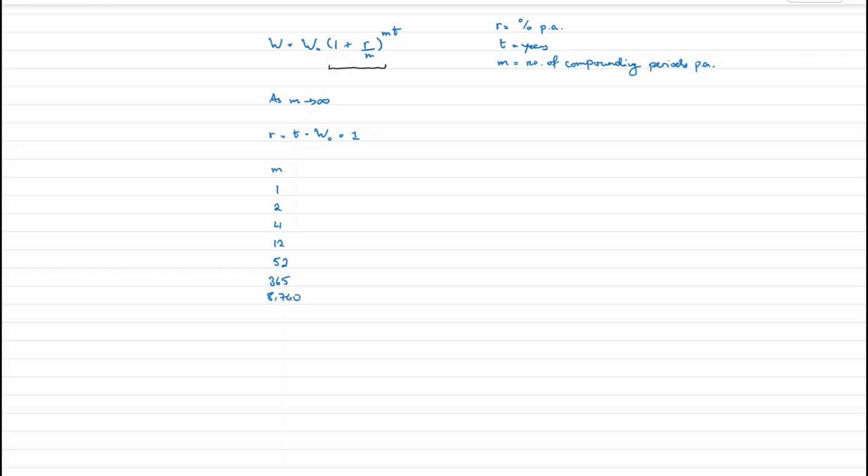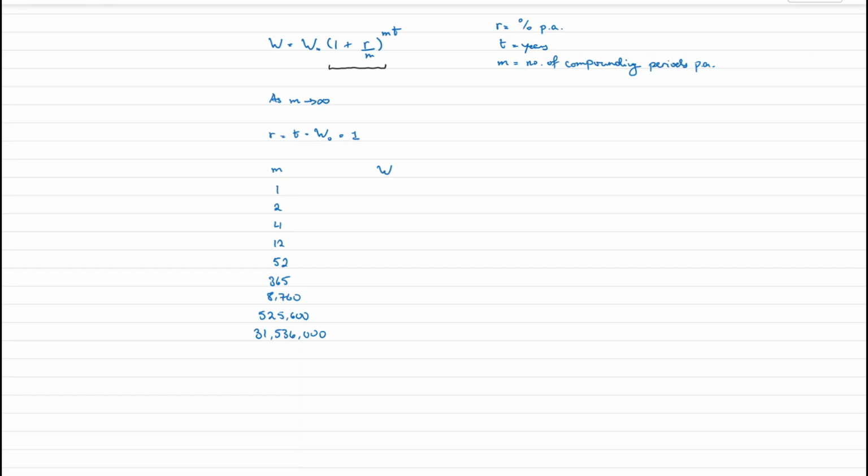And we can go even further, 525,600 minutes. And just for demonstration, we can express it in terms of seconds, 31,536,000 seconds per year. And we plug that into our equation W and see how W changes.